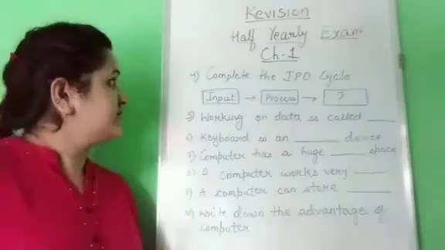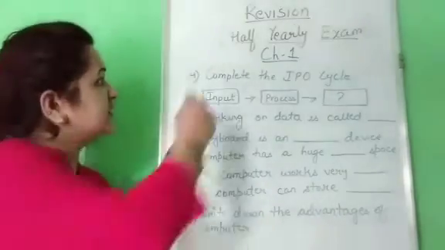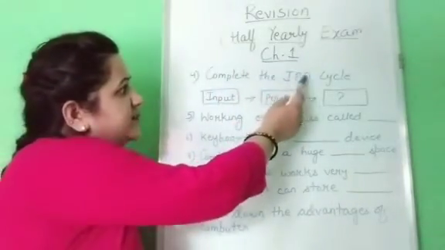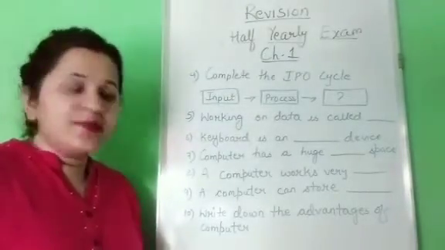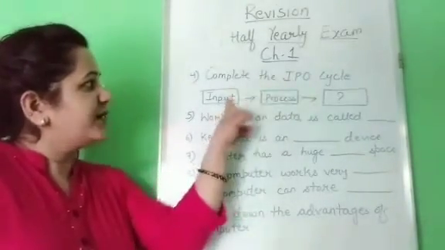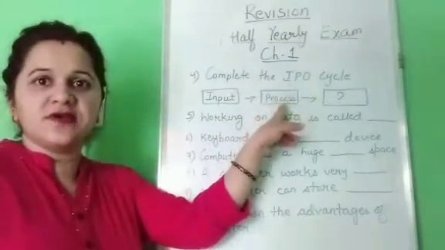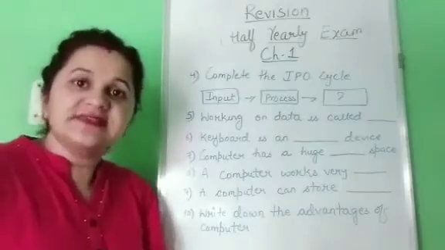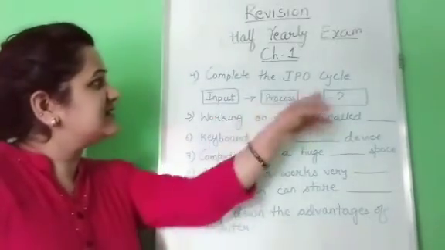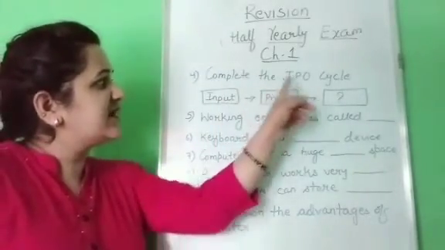Okay children? And so here comes our fourth question. Complete the IPO cycle. Now children, what is an IPO cycle? IPO means I stands for input, P stands for process and O stands for what? Yes, output. So we have to complete this cycle. Input, process, output.